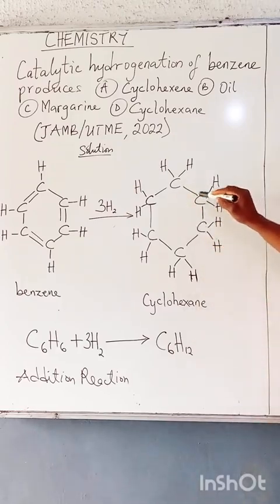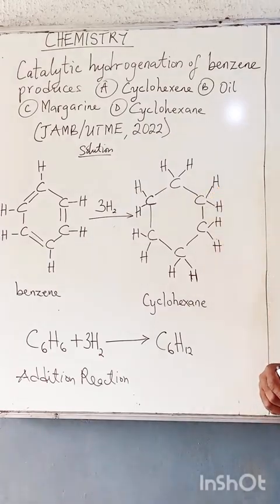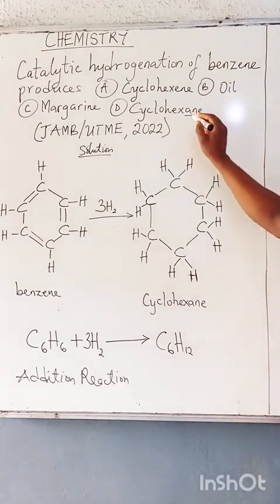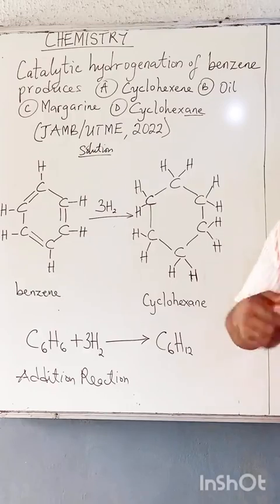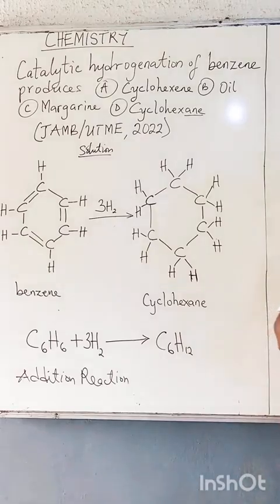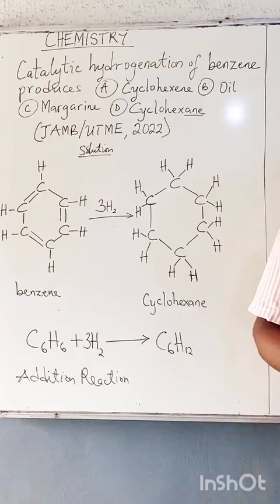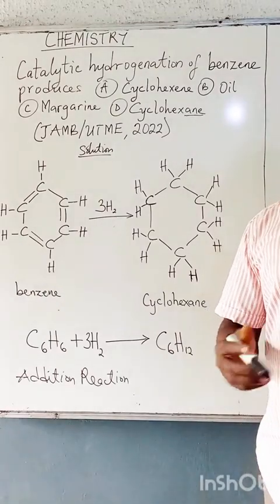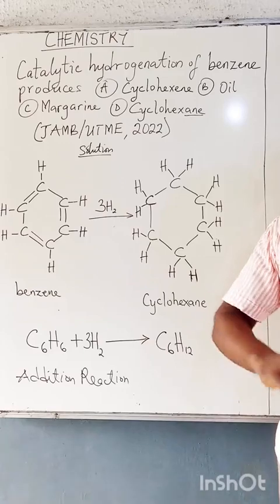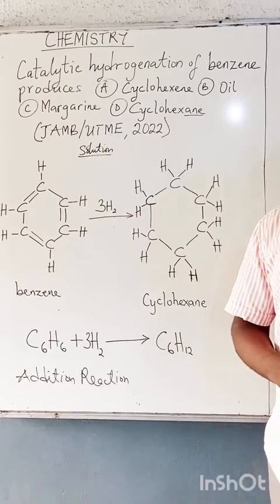Check. Does it have any carbon-carbon double bond? Therefore, the correct name should be ANE ending. The suffix should be ANE. Do you know why it should be ANE? When you were introduced to hydrocarbons, you remember you were taught that when there are carbon-carbon single bonds all through, the compound is called a saturated compound.